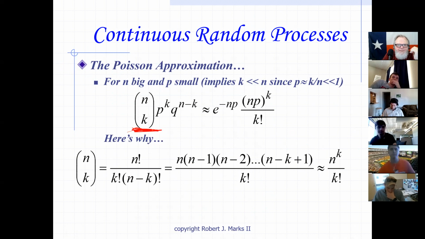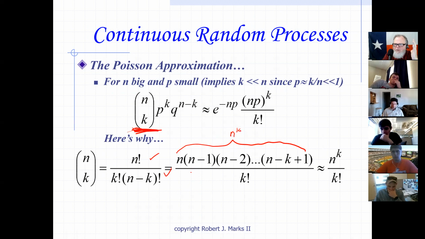Let's take, first of all, a look at this point. n choose k. Okay, n choose k is equal to this in terms of factorials, right? Now, if k is very, very small with respect to n, then this is about equal to n to the k. Why is that? Because suppose that we have something like n is equal to 1 billion.